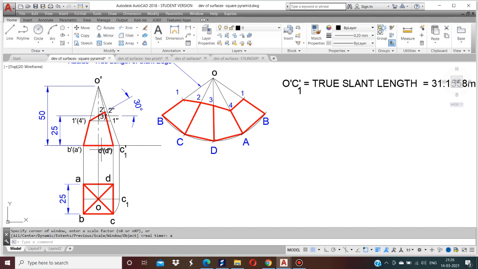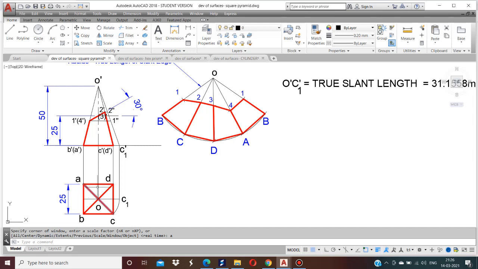Now, since this slant edge is inclined, we have to make it parallel to VP. Therefore, with OC as radius and O as center, draw an arc. The arc intersects the horizontal line at C1.